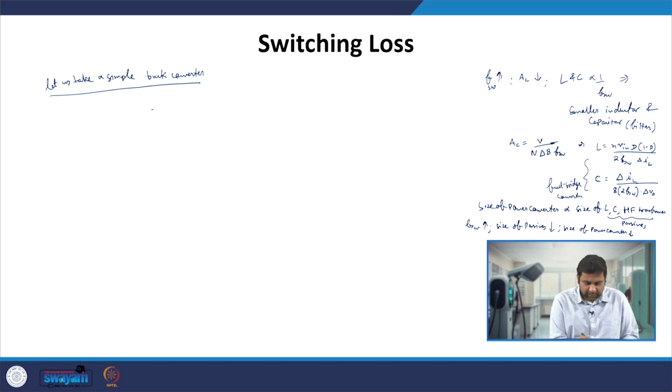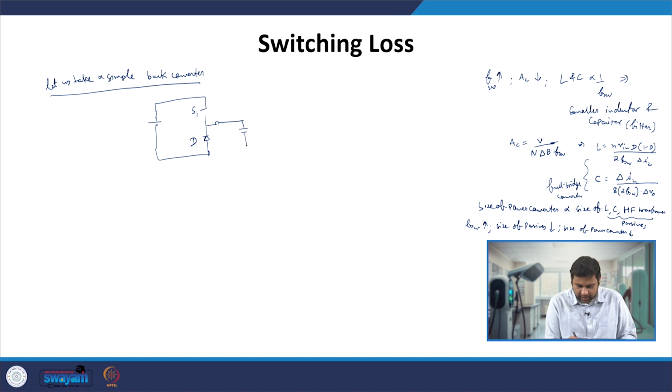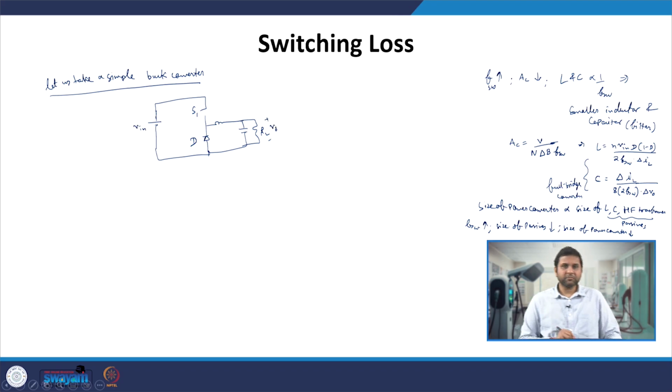If we take a simple buck converter, we have a switch and a diode. This is the S1 switch and this is the diode D, and let us take the output to be an inductor, a capacitor, and a resistance RL. This is Vin, and this is V naught.